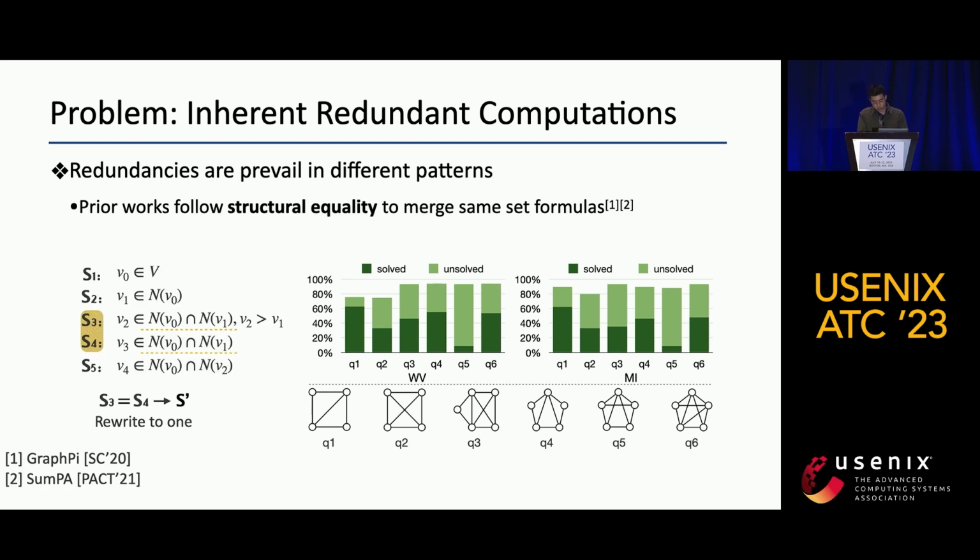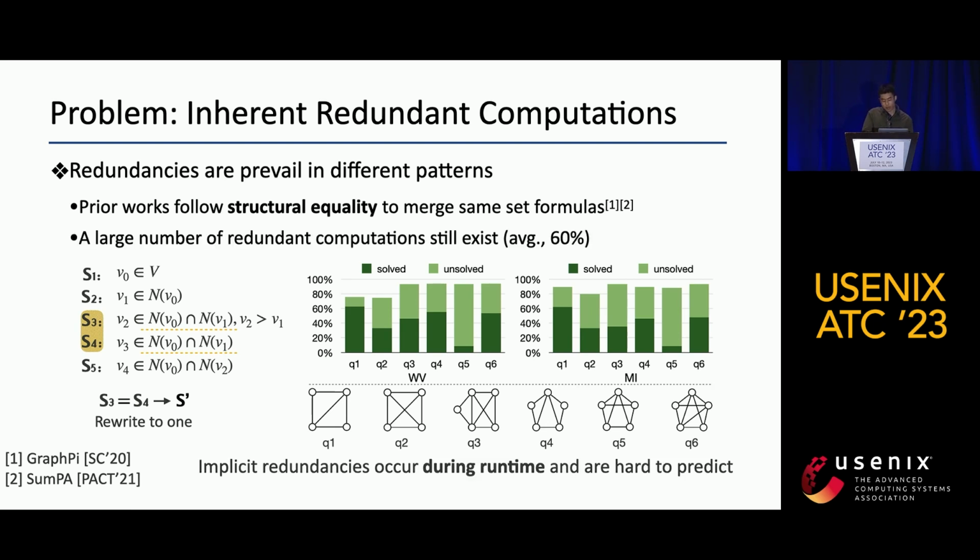Careful readers may notice that some explicit redundancies may be recognized before computation, at compilation time. That is, if the set formulas of two pattern vertices are the same, then we can rewrite them into one single formula. They have equal substructures in terms of the graph layout. However, simply depending on the structural equality is insufficient.